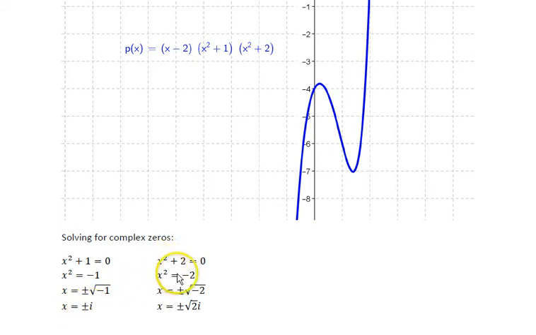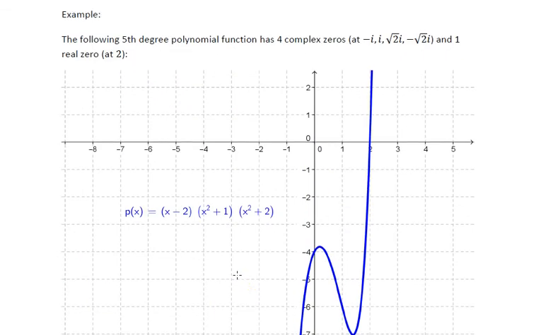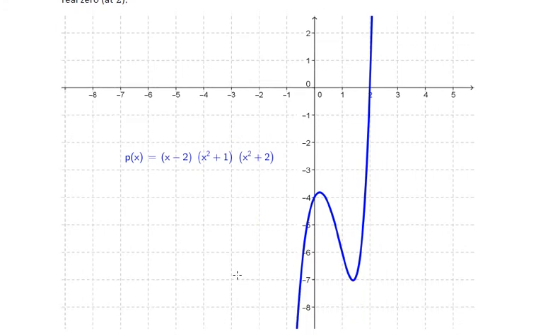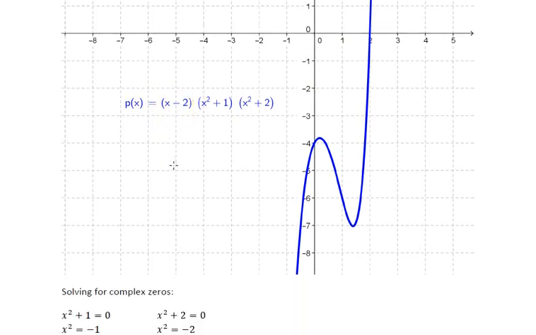And over here, x squared equals -2. x is plus or minus the square root of -2. x is equal to plus or minus the square root of 2 times i. So 4 complex zeros there. And we see that there's only one x-intercept corresponding to the real 0 at x equals 2.